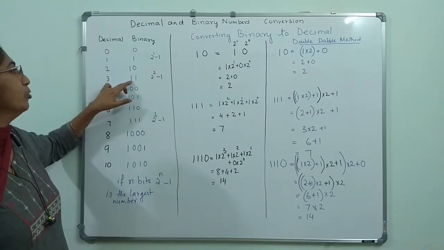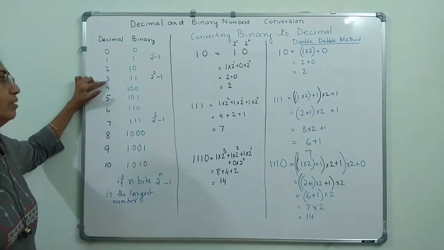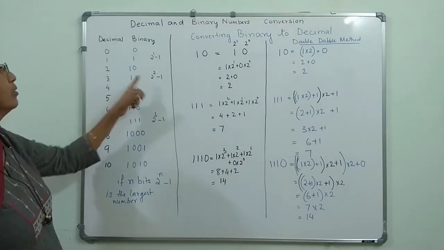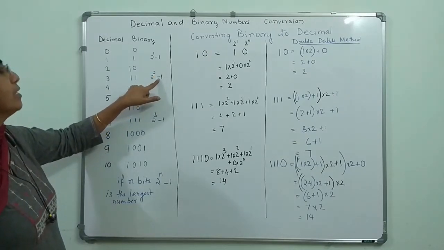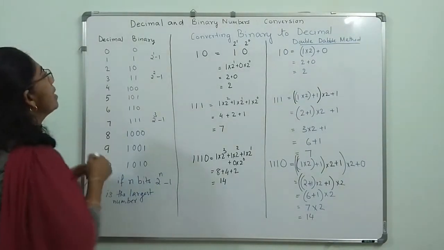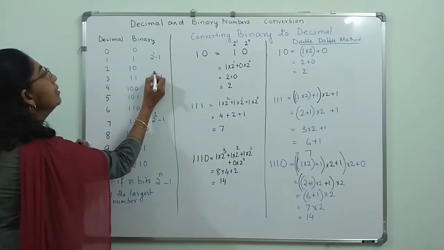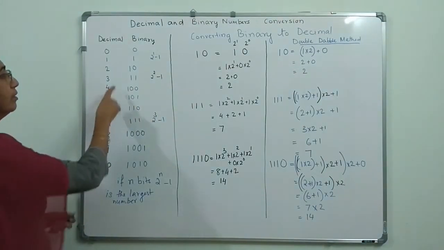If there are 2 bits, the maximum value you can represent is 3. So 2 raised to how many bits? 2 bits. So 2 raised to 2 minus 1 is 3. So the maximum value that can be represented in a 2-bit arrangement is 3.